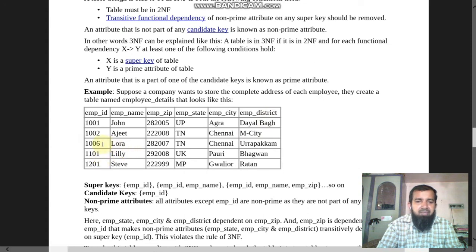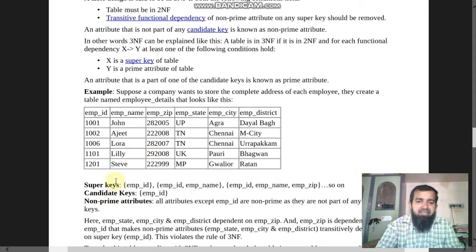In this example, employee ID is a super key. The combination of employee ID and employee name is also a super key, and so is employee ID, employee name, and employee zip.